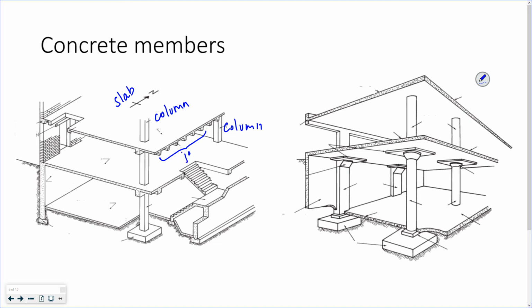Joists are smaller. In steel construction, it might be like kind of a truss looking thing. In concrete, it might be poured monolithically or at the same time. The joists run between beams. There's a beam right there.